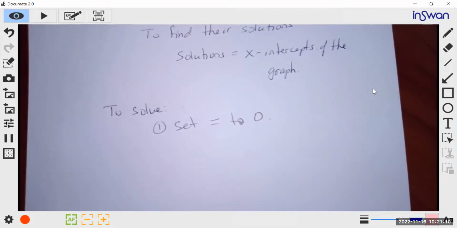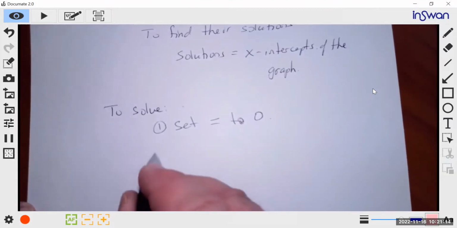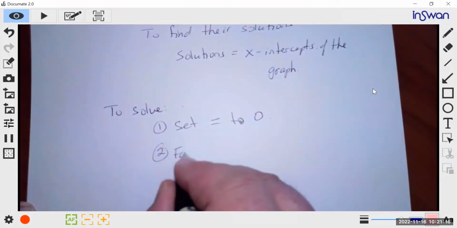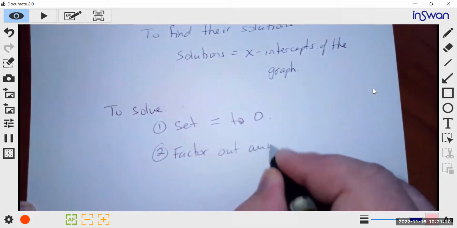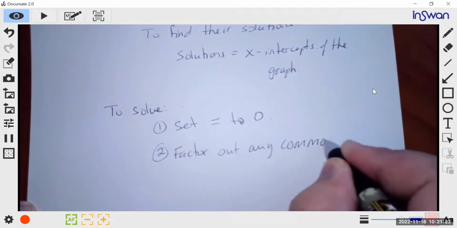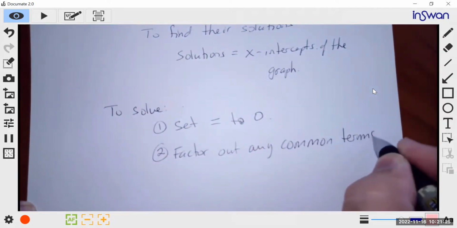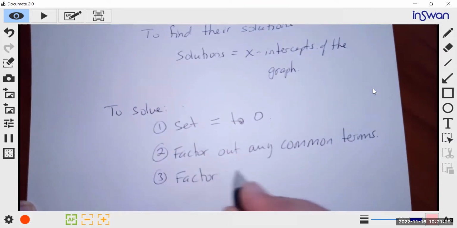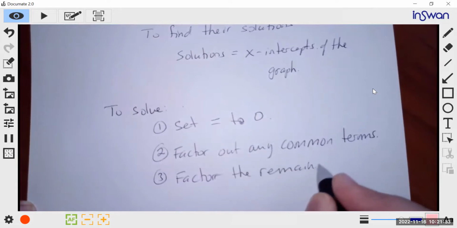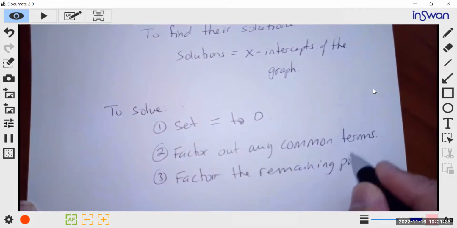Whenever you have a polynomial, everything has to go to one side. Set it equal to 0. Factor out any common terms, and factor the remaining polynomial.